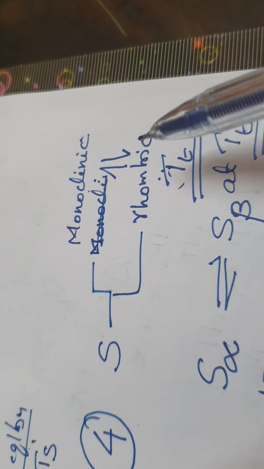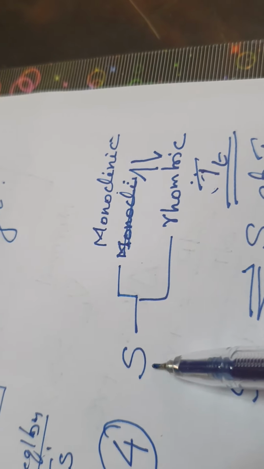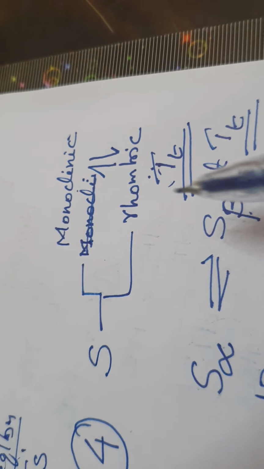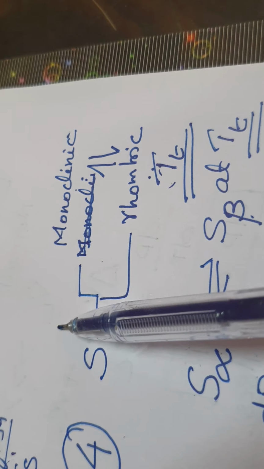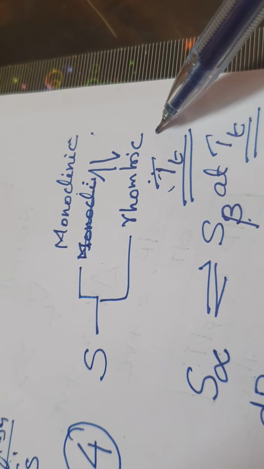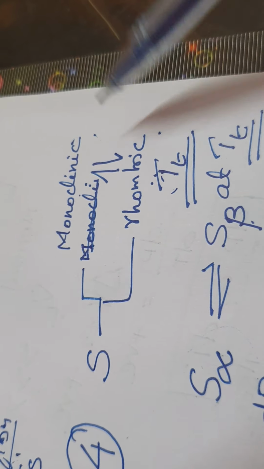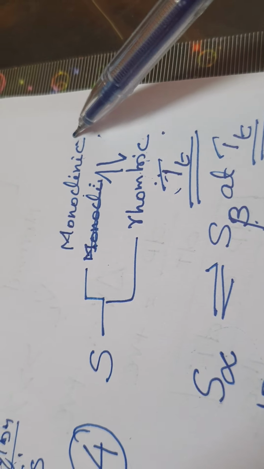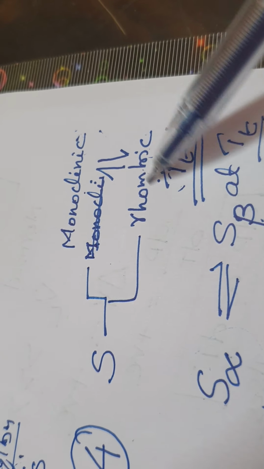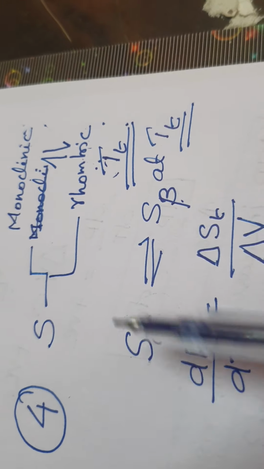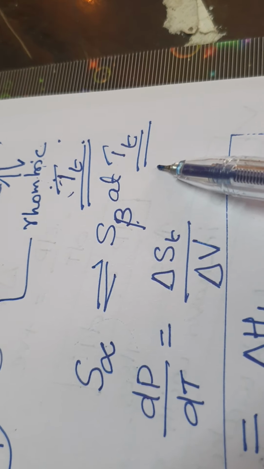Now there is another one, which is one crystalline form to another. If you take the case of sulfur, it can exist as monoclinic and rhombic sulfur. So at a particular temperature, there will be a transition between these crystalline structures, and that temperature we call the transition temperature. So this also will be in equilibrium.